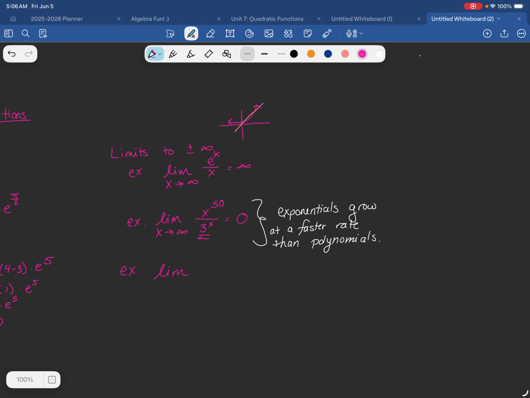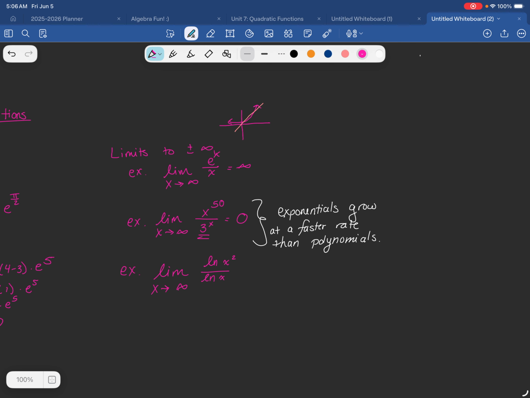the limit as x approaches infinity of the natural log of x squared divided by the natural log of x.